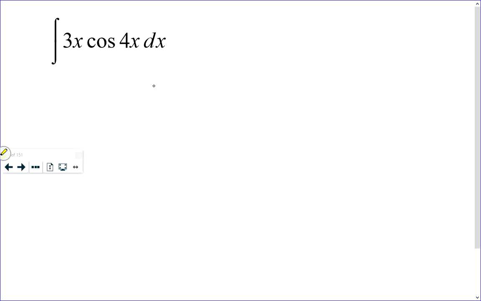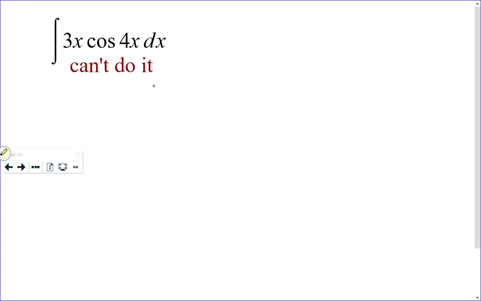For example, if I asked you what is the integral of 3x cos 4x dx, before today I could give this to you and you would fumble around in the dark, figuratively speaking, and very few people would be able to figure it out. It would be a total trial and error thing. You'd try something, think, well, maybe it's going to be this, and then you try differentiating your answer and go, no, that didn't work.